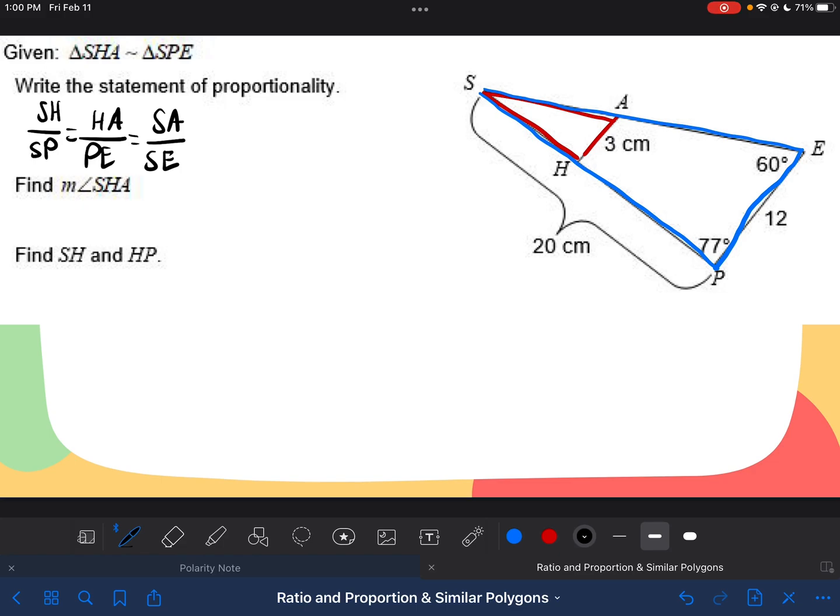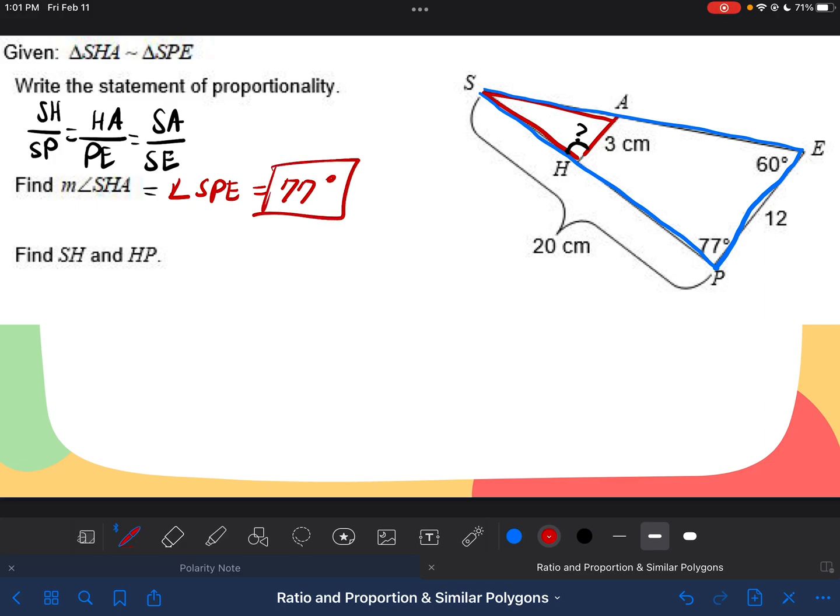Now, if we look for angle SHA, we're looking for this angle right here. We know that it has to be congruent, so SHA is the same as the angle SPE, which in this case is 77 degrees. Okay?